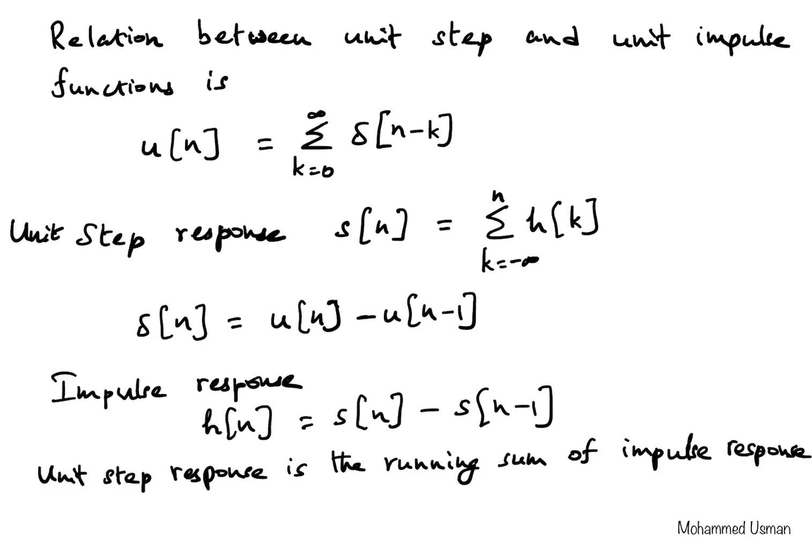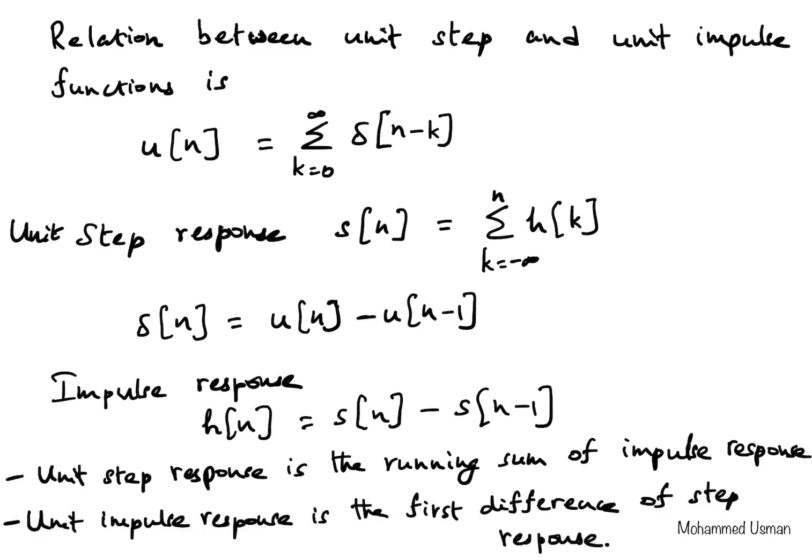So the first thing we notice is that the unit step response is the running sum of the unit impulse response, which is what we have stated here. And the unit impulse response is the first difference of the unit step response. So we have stated this as well. Okay, so we have now established a relationship between the unit step response and the unit impulse response, and what we find is that we can find the impulse response h of n from the unit step response s of n.